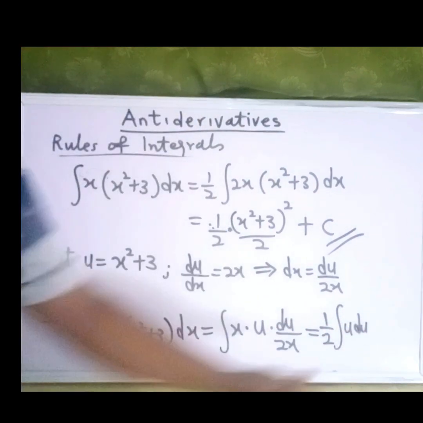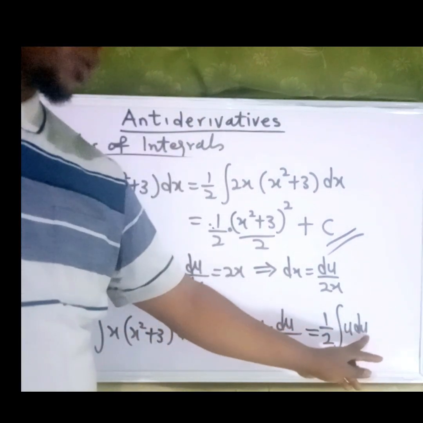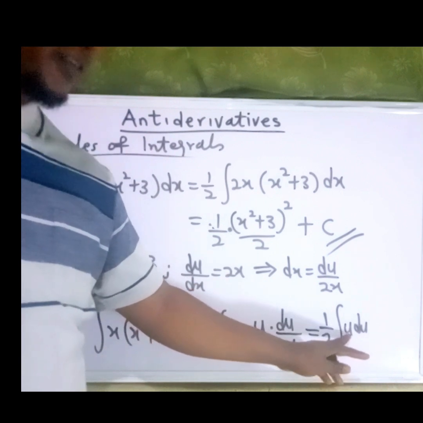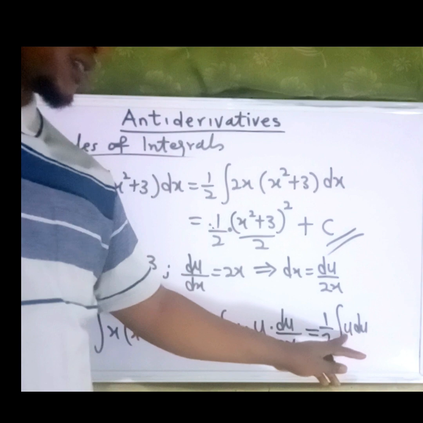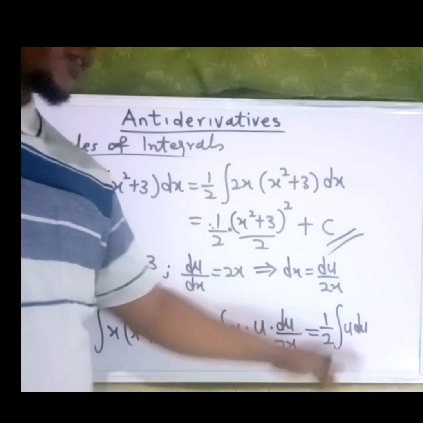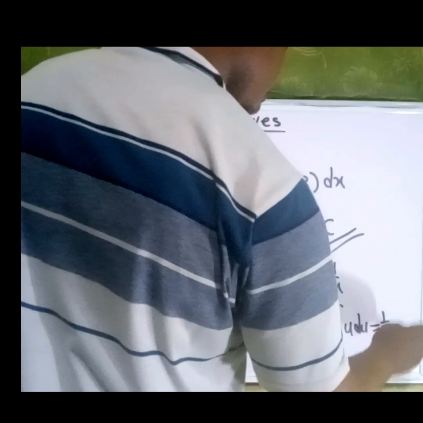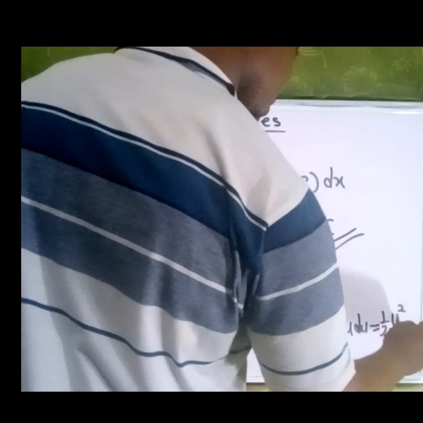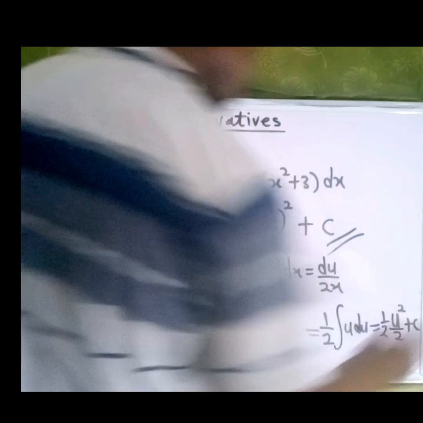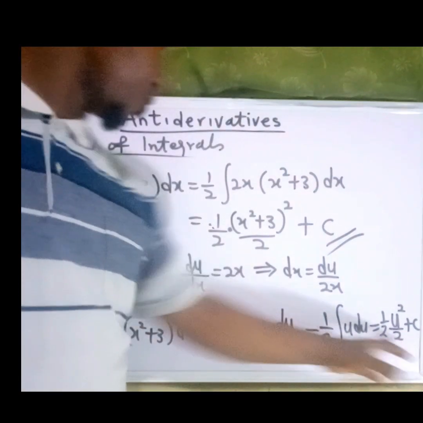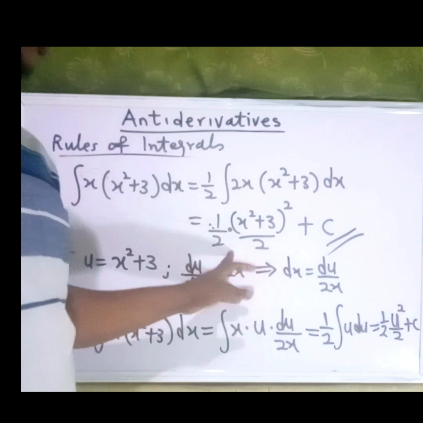Now the variable of integration is u, so when we integrate this, the antiderivative will be u squared over 2 plus c. As you can see, if you multiply the denominator, we have what is there exactly here.